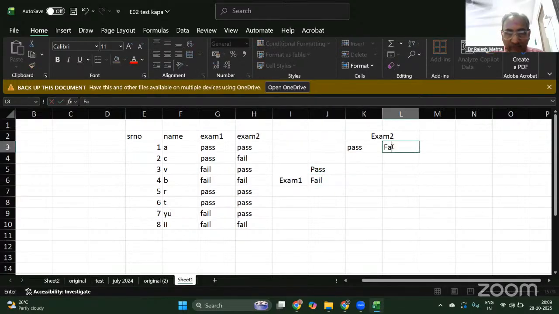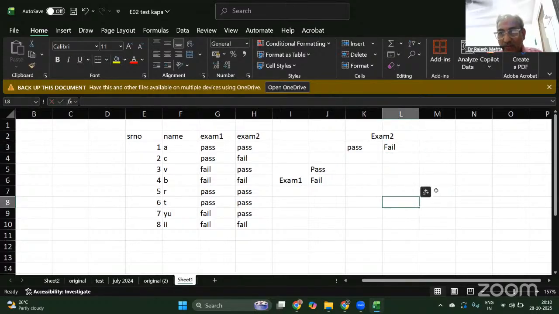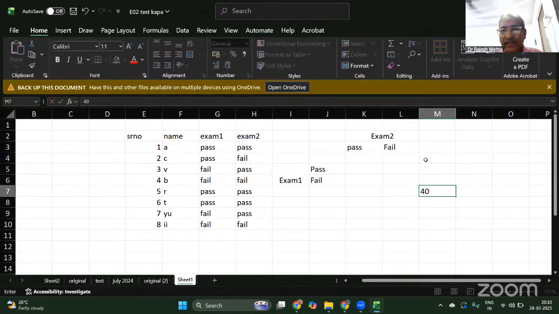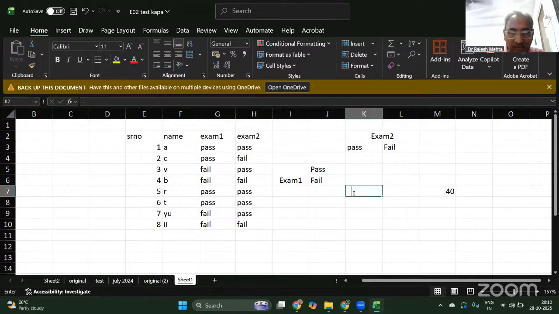Here, fail, pass. Now, suppose there are totally 40 students, and out of that, this examiner says that 30 have passed, 10 failed.